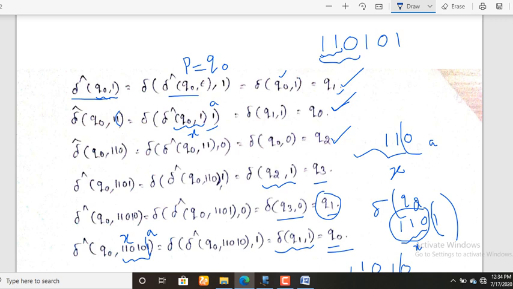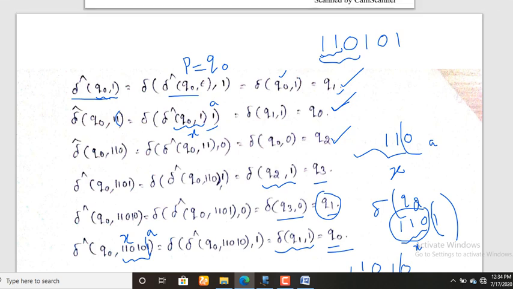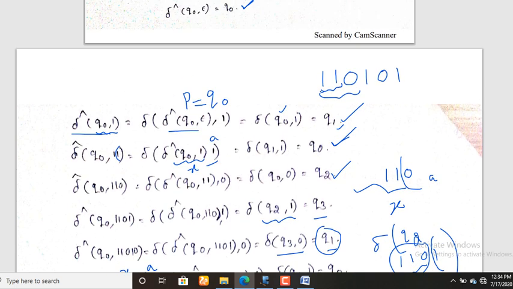This is how to calculate the extended transition function for the given string. For this type of problem, the input is given as a transition function, in terms of either a transition diagram or a transition table, and a string. We calculate the extended transition function for the string. Okay, this is the actual problem on the extended transition function. See you in the next lecture. Thank you.